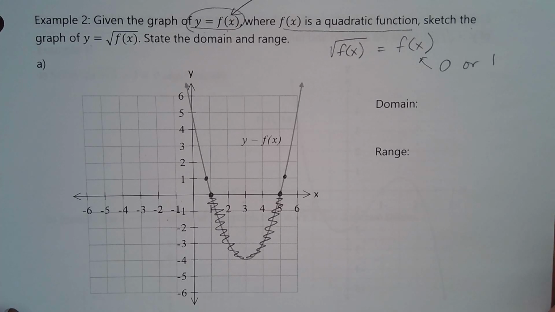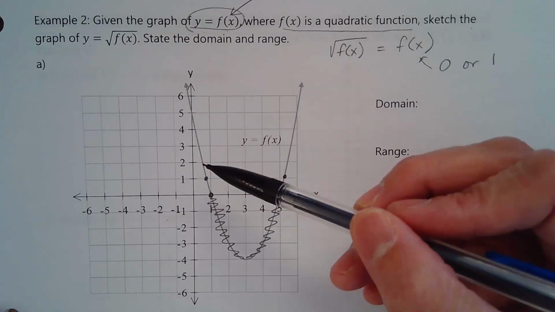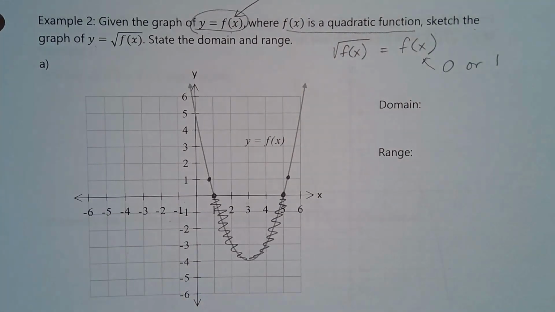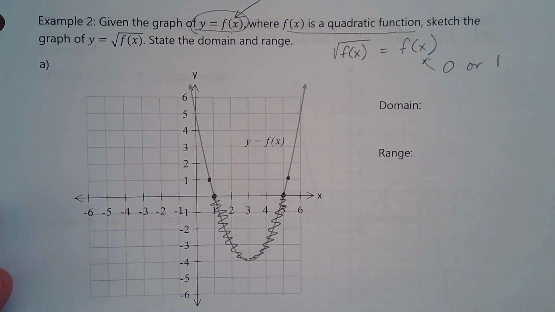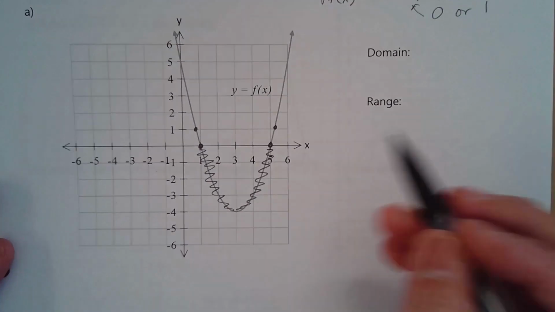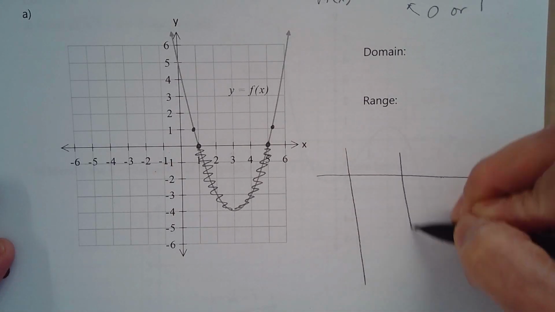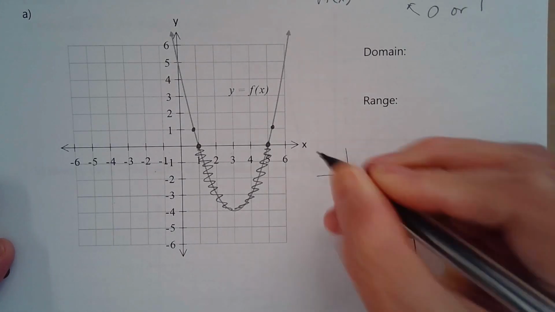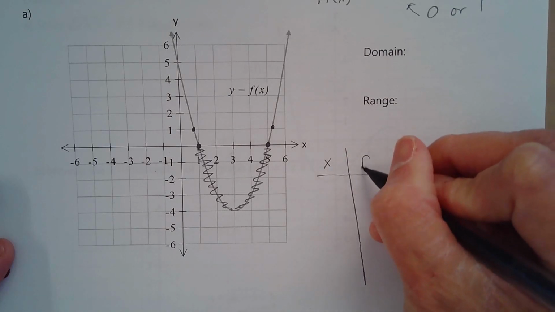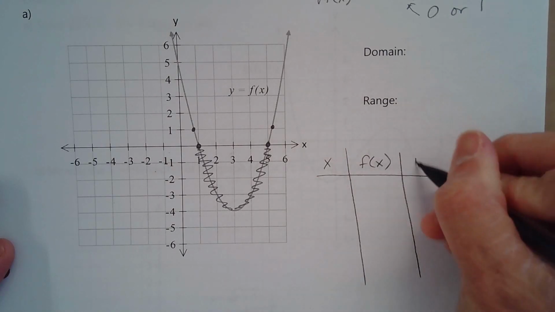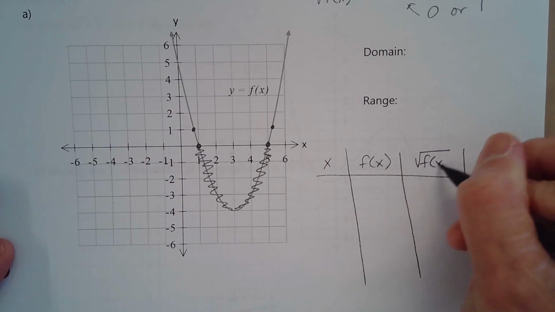Now we're going to take a look at the nice numbers. I've seen some people already try to do the table of values, so I'll try to do that with you. So x, f of x, and then the square root of f of x.